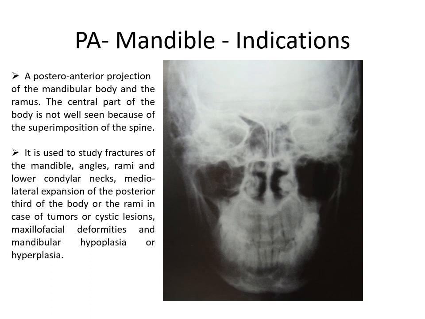It is used to study fractures of the mandible at the angle region, ramus region, and lower condylar neck region, nothing but subcondylar fractures, the mediolateral expansion of the posterior third of the body or the rami, tumors or cystic lesions, maxillofacial deformities, and mandibular hypoplasia or hyperplasia. These are the indications of the postero-anterior mandibular view.